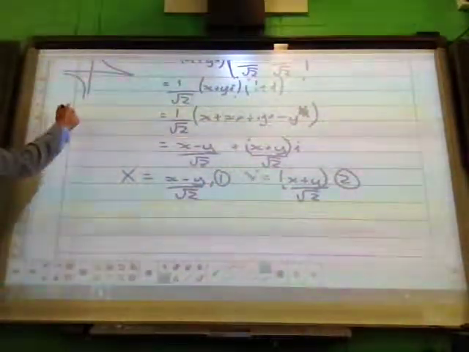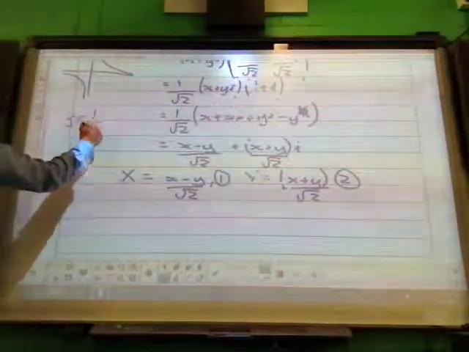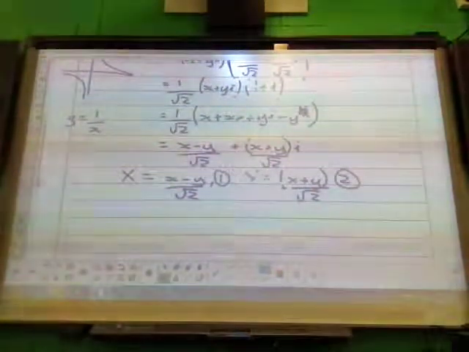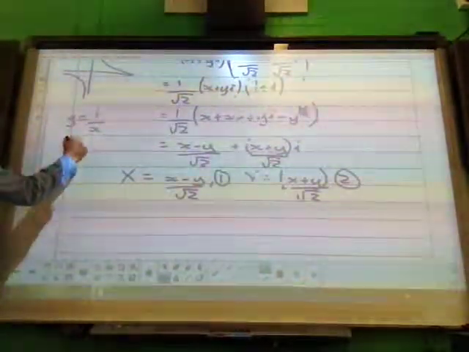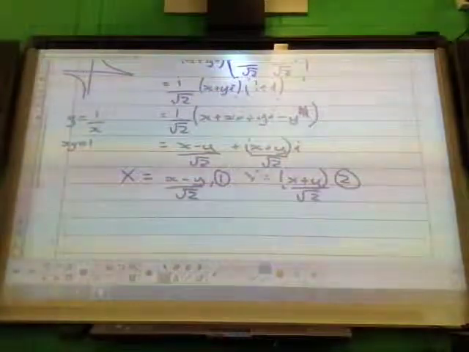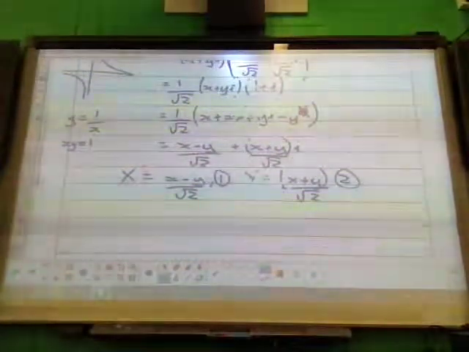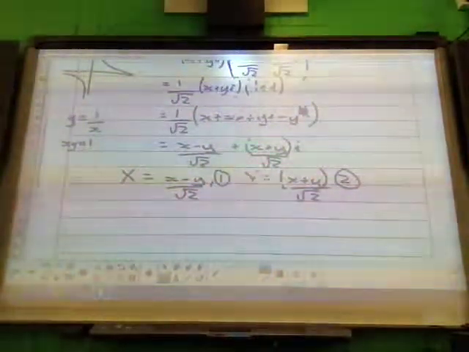For our normal hyperbola, y equals 1 on x, what we're used to seeing, so that implies that xy is equal to 1. If I multiply x times y, I'm going to have an equation of my hyperbola.